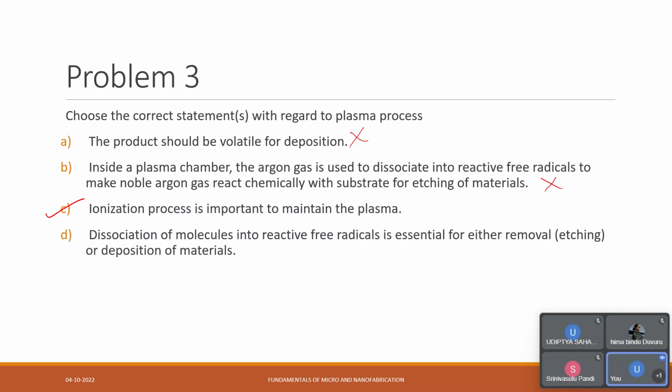These radicals go down to the places where you need the etching to be done, and they chemically react with those surfaces and generate volatile products, and that's why the material is removed from the surface. So C and D are the correct ones.